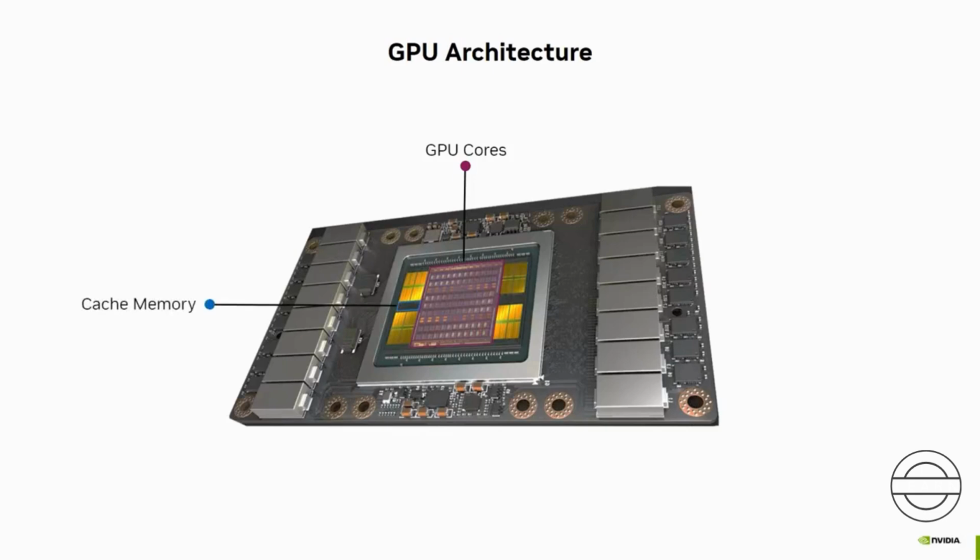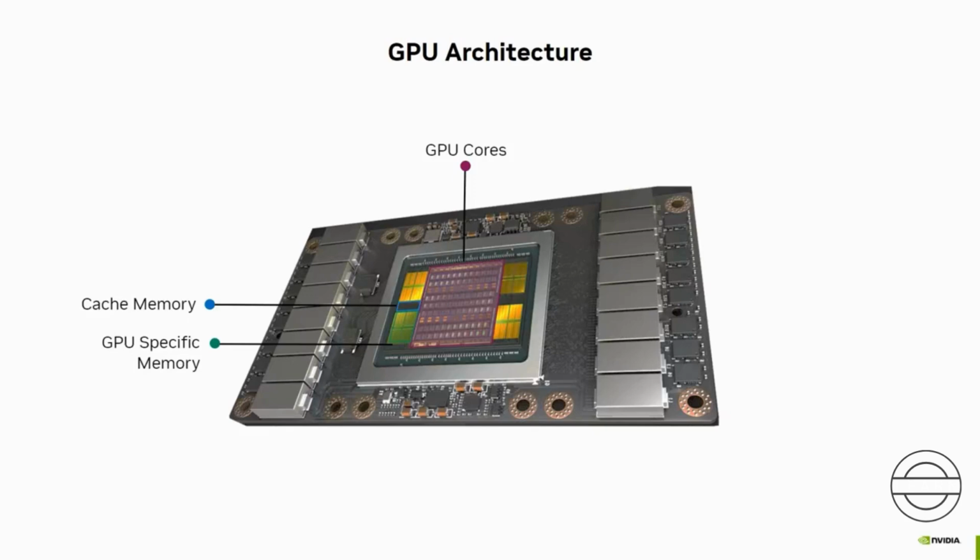Onboard cache memory acts as a typical cache, storing a copy of everything for quick, reliable data access. Parallel processing is possible with the use of multiple cores. Closest to the cores is the high-speed GPU memory. This memory is designed specifically for GPU use and can be shared with other GPUs.